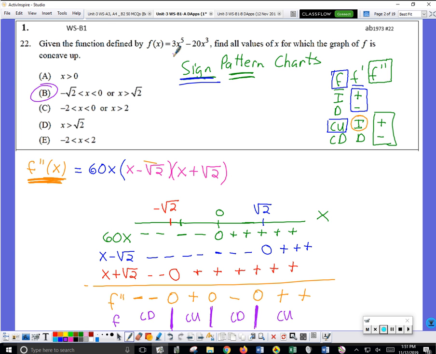Please. If you're looking for when the graph of f has a relative maximum or a relative minimum, would you use the sine pattern chart for f prime or f double prime? Good question. Everybody look at the board, 2 for Emma, 2 for Grant.